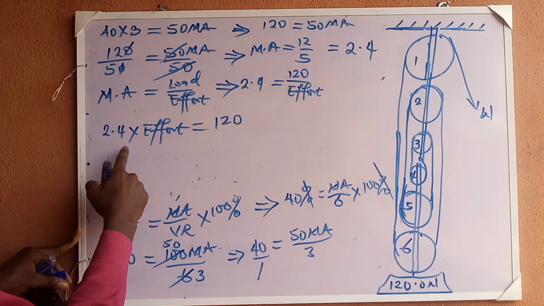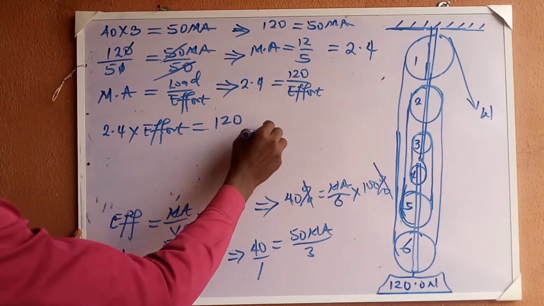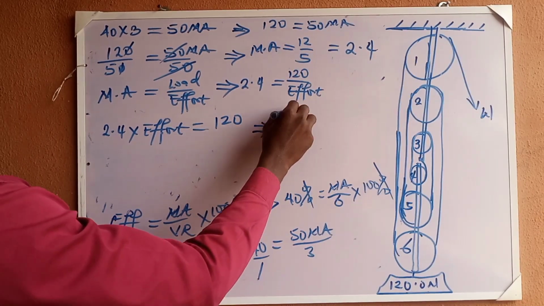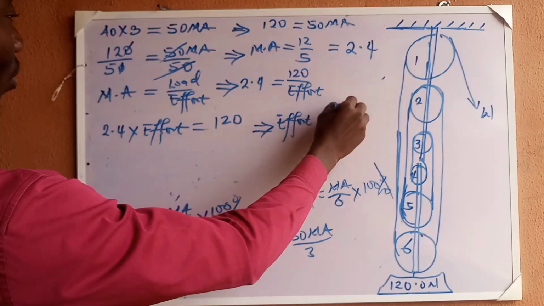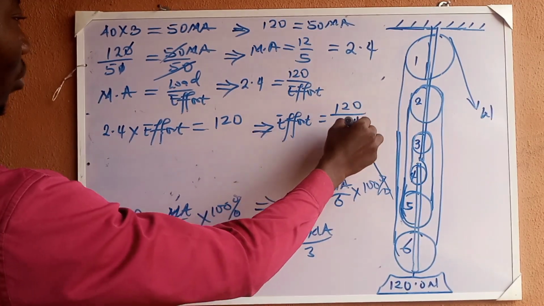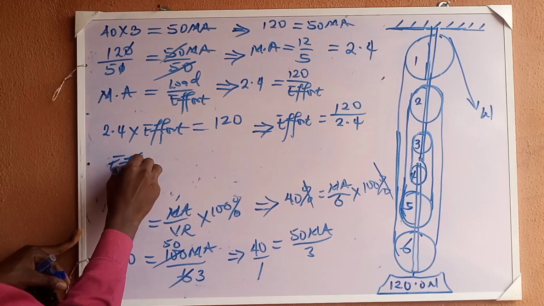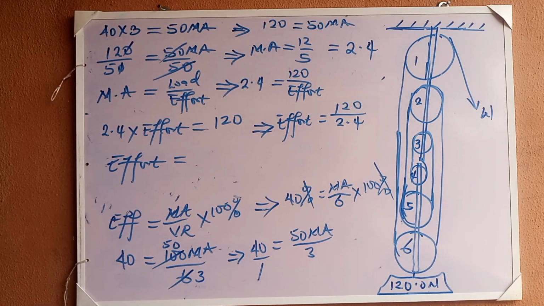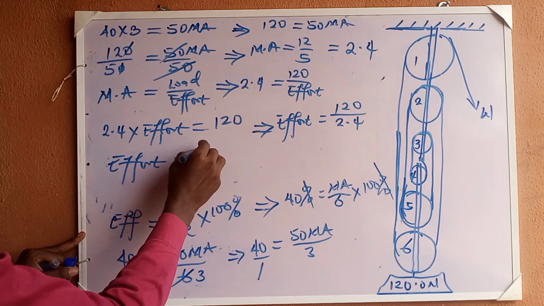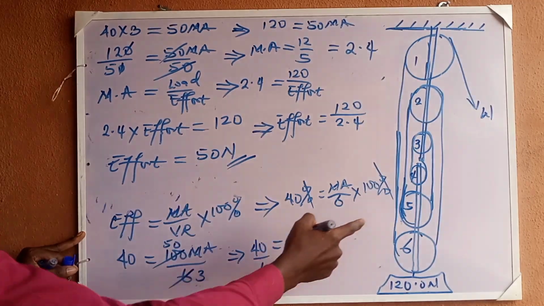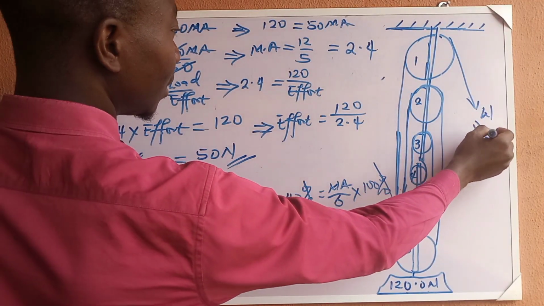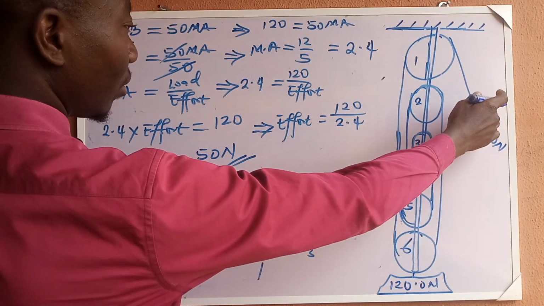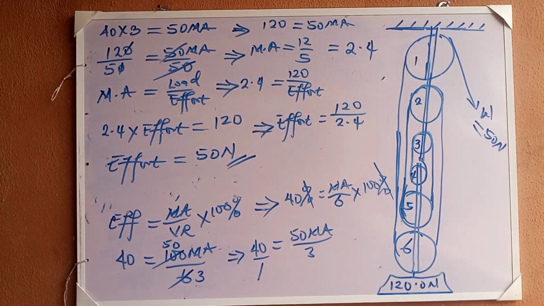We divide both sides by 2.4 so that we can get effort. And when I do that, effort will be equal to 120 all over 2.4, and that is 50 Newton. So we need an effort of 50 Newton to raise this load. That means the value of W is 50 Newton.